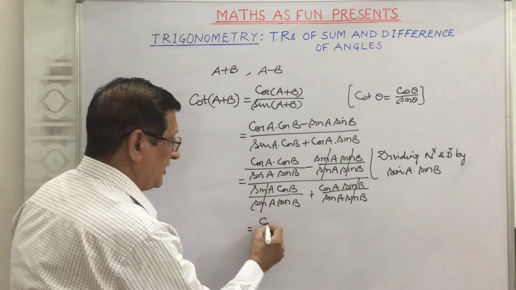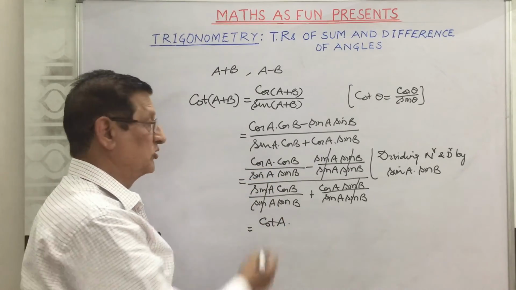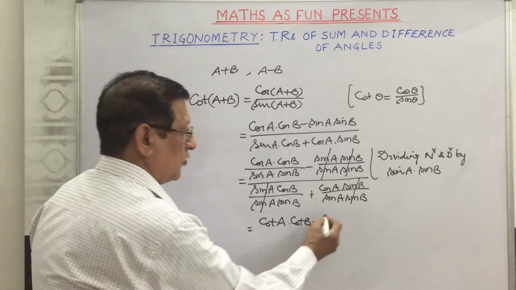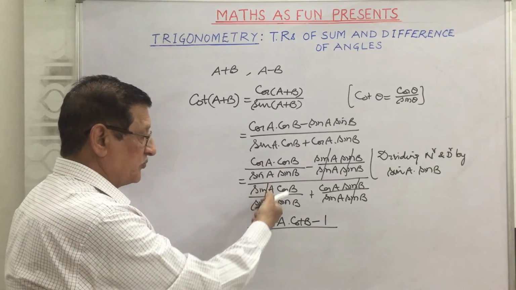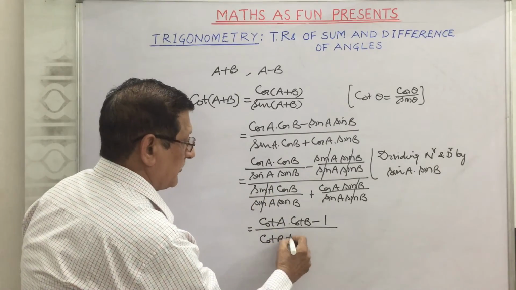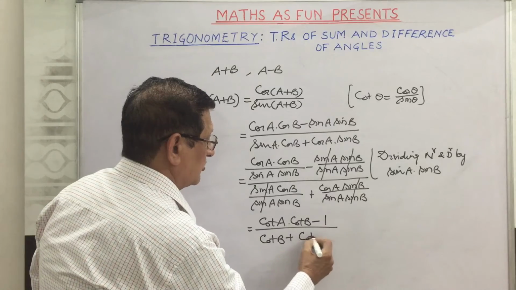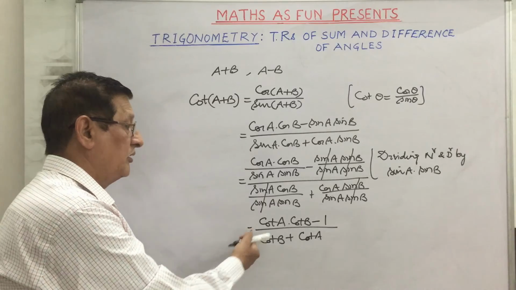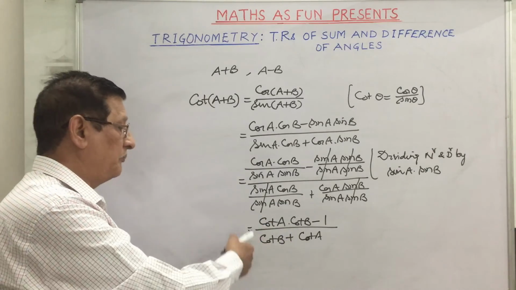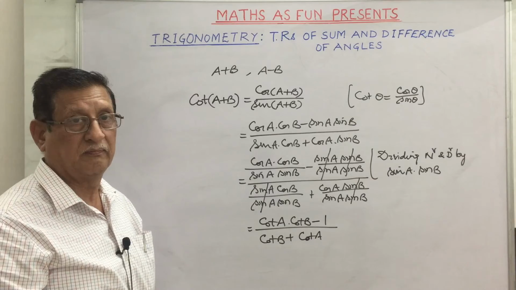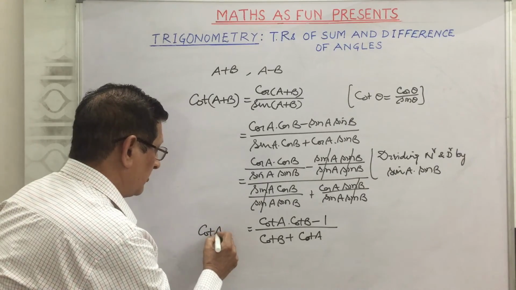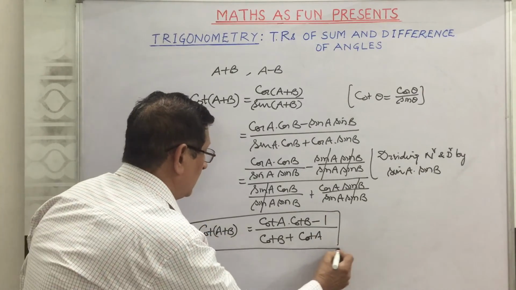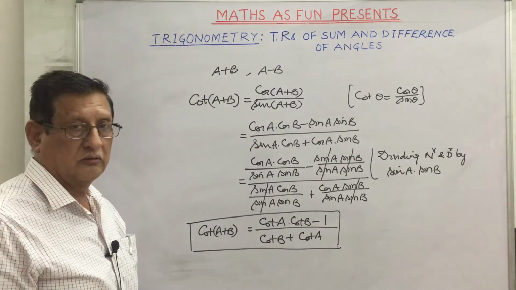Cos A upon sin A is cot A. Cos B upon sin B is cot B. Minus 1 upon cot B plus cot A. So the thing we have to remember here is that in the denominator, instead of cot A plus cot B, cot B is coming first. So this is the formula for cot A plus B, that is cot A into cot B minus 1 upon cot B plus cot A.